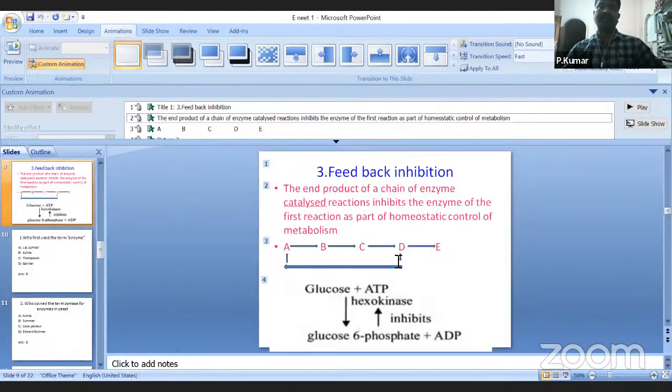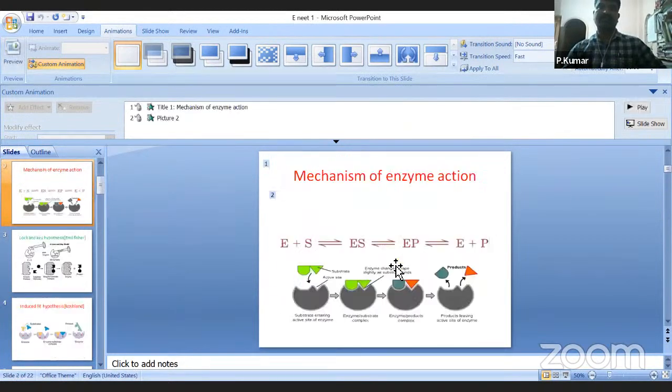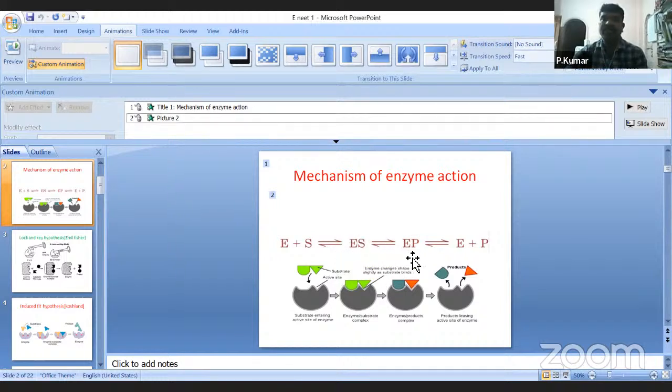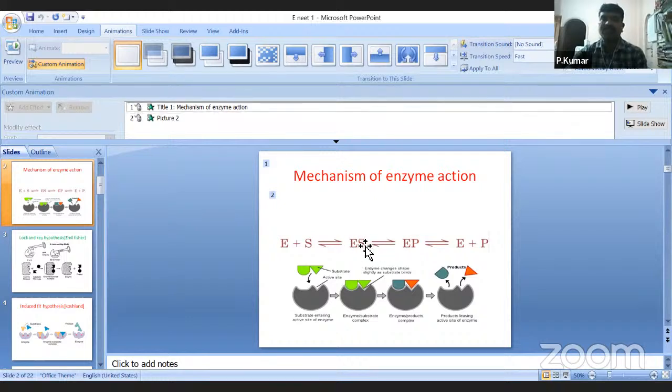In today's class, you are observing important points. All of you observe the mechanism of enzyme action. The enzyme and the substrate both form the enzyme-substrate complex, and then the enzyme-substrate complex forms the products. Reversely, your enzyme remains normal, and the substrate forms the products.